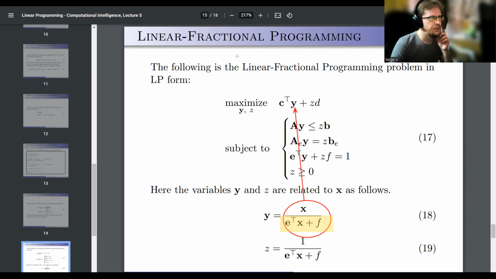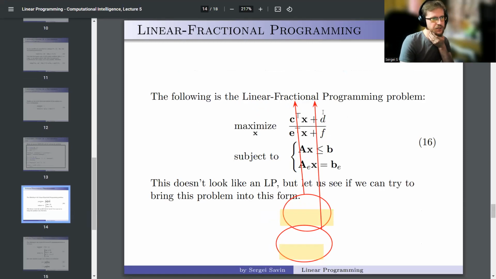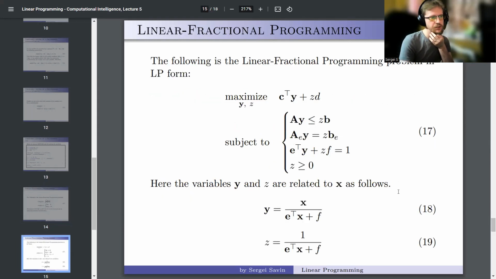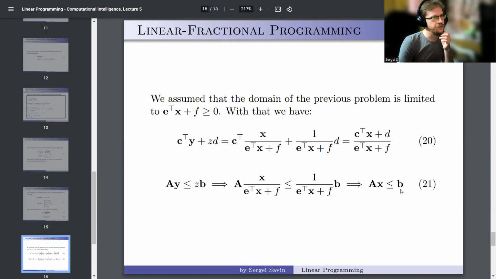When we substitute this guy into here, what we get is d divided by the same exact denominator. Since the denominators are the same, we can keep them and sum the part above. So c times x plus d divided by e times x plus f. But that is exactly the original function. So this works.